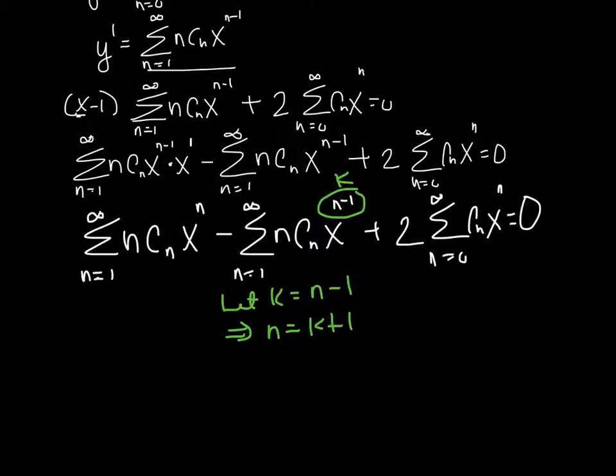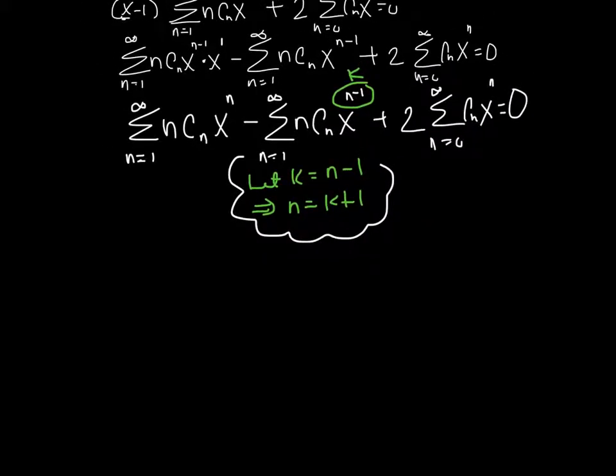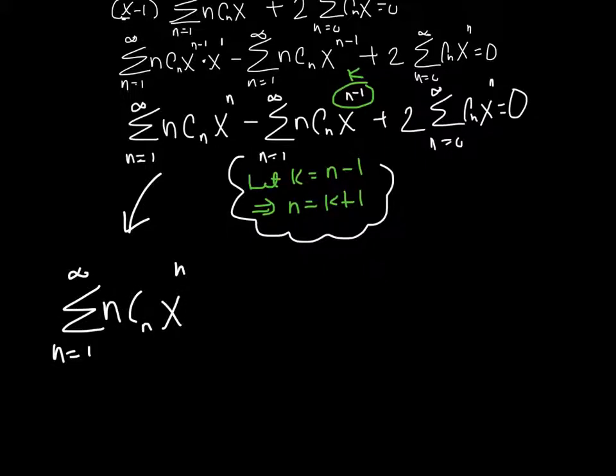So I'm using the dummy variable notion here. Okay, so let's rewrite the summand that you're not changing. And okay, so let's change these guys. So summation, I'm going to wait to write my index. My n is k plus 1.